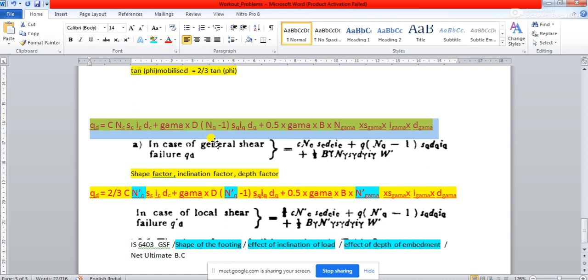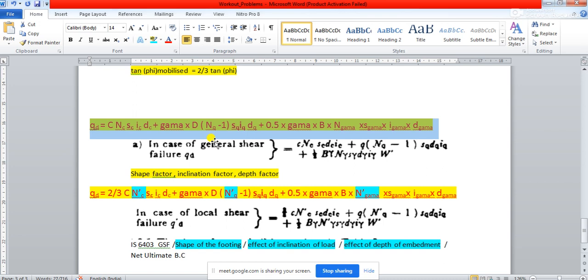It is little different than Terzaghi, but it's not that Terzaghi's concepts are not taken. It is coming from Terzaghi. Terzaghi is the father of the bearing capacity equation. So from Terzaghi's formula, many researchers have modified it, changed it, have considered different other effects, and then gradually it modified.